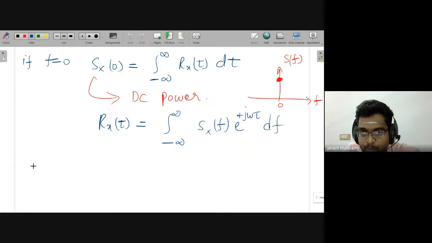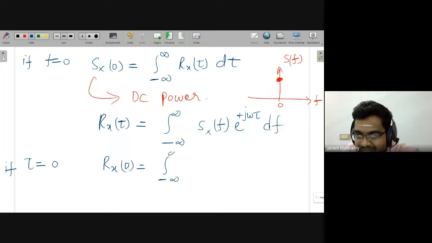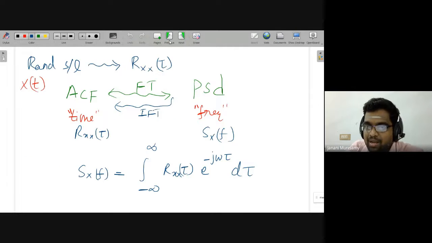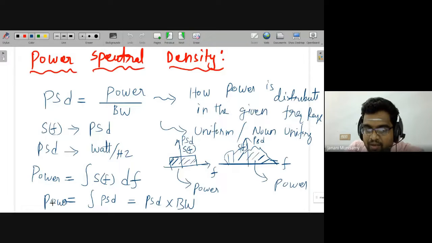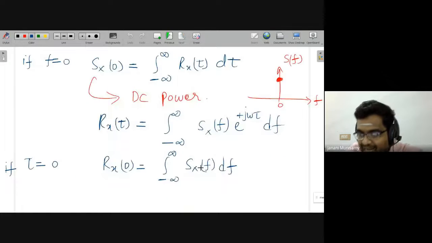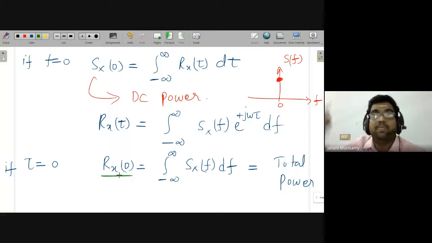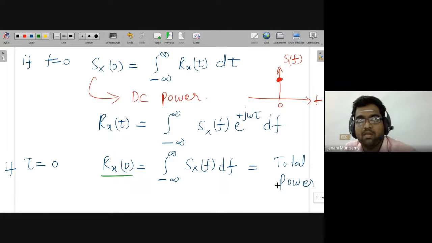Now you put tau is equal to 0. If tau is equal to 0, Rx of 0 is the integration from minus infinity to plus infinity of Sx of f df. I already told you, the integration of power spectral density will give total power. So this is the total power. And in the previous slide itself, we have discussed what is Rx of 0.